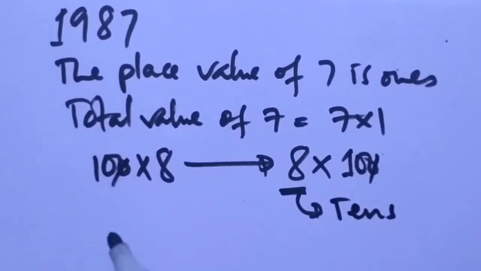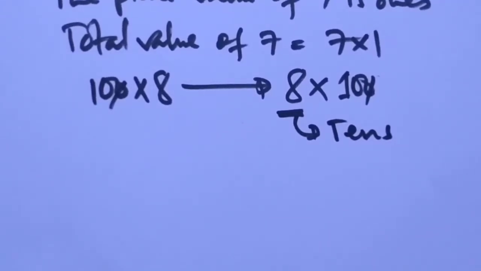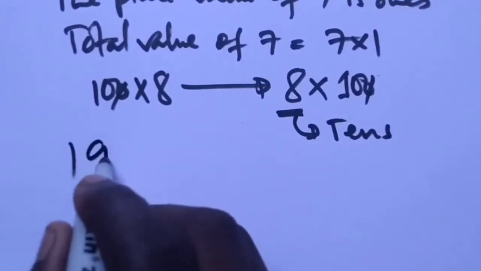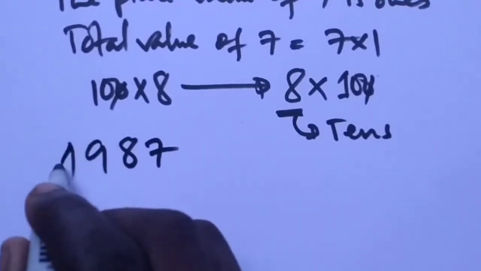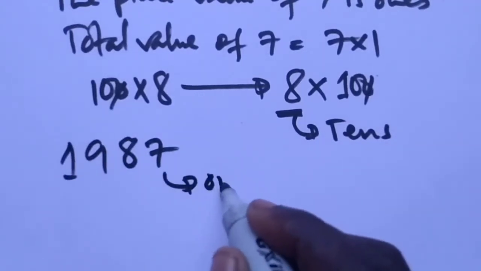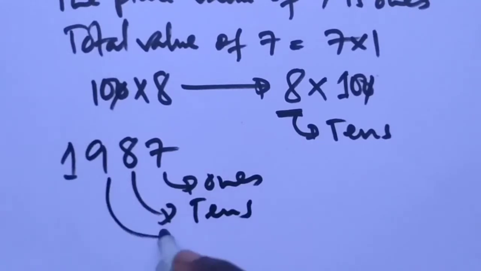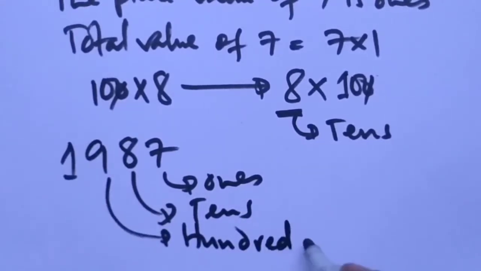So tutakuwa tuna mamoja, makumi, mamia, maelfu. So from there tunaweza kusema kwamba kwenye 1987 hii ni ones, hii ni tens, hii ni hundreds, na hii ni thousands.